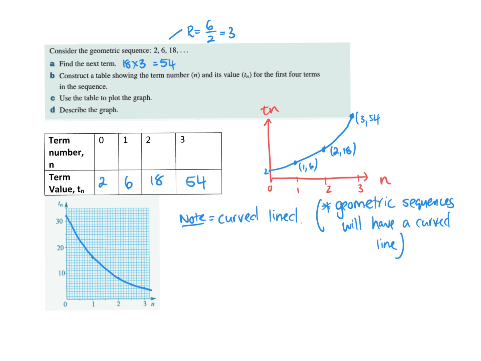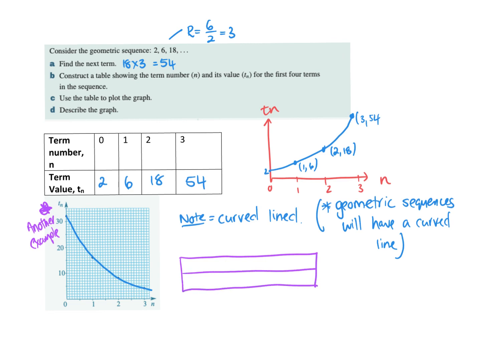Sorry, boys, I'm just putting this on the video too. This one is not that example. This is just another example to talk about the curved line. Let's put the table in here for this one so you can see.